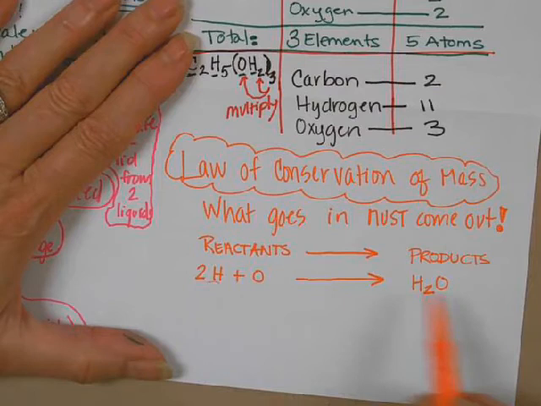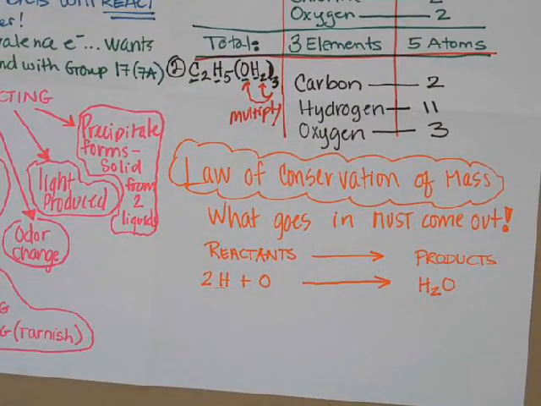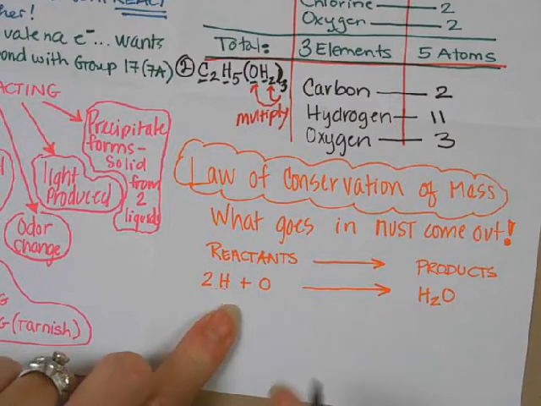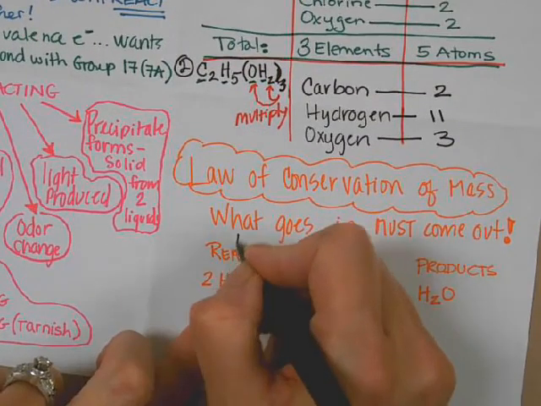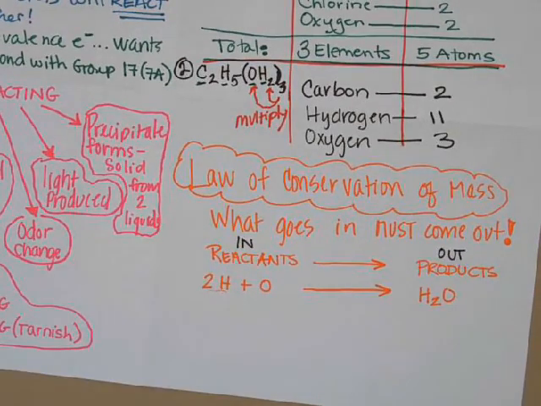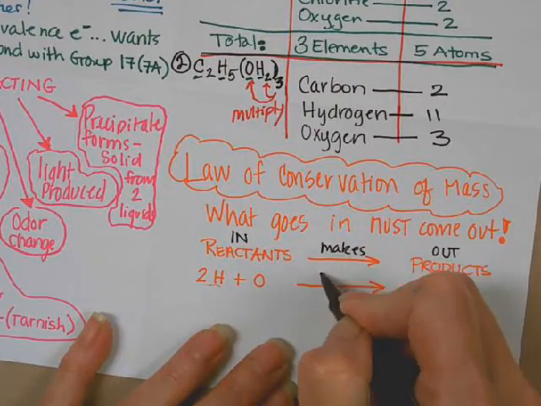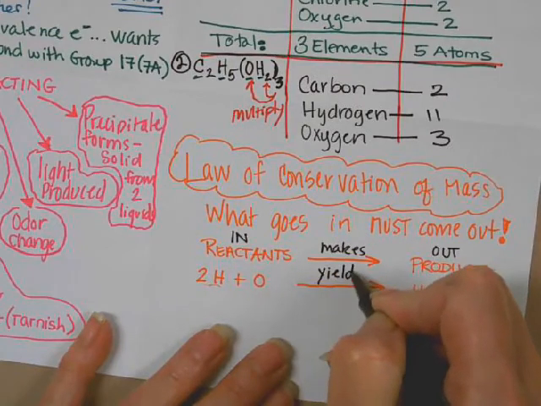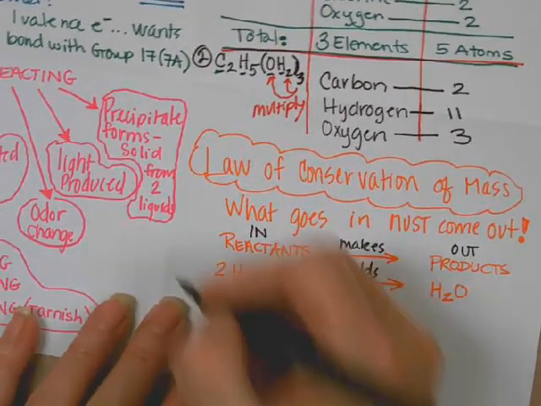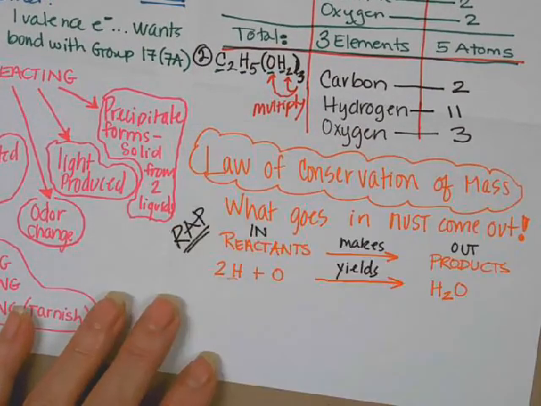We had an oxygen, we have it here. So what goes in, the reactants go in, the products come out. What goes in must come out. They must be equal in elements and in atoms. So this is in, and this side was out. And this is the makes or yields arrow. But one way to remember this is reactants, arrow, products, or RAP.